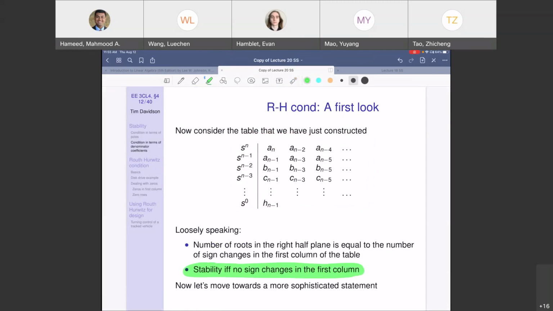So all you would have to do is observe the first column of the Routh-Hurwitz table. If there is no sign change, they all are positive or they all are negative, then the system is stable. That's it. All you have to do is first find this, look at the sign changes in that. Good.